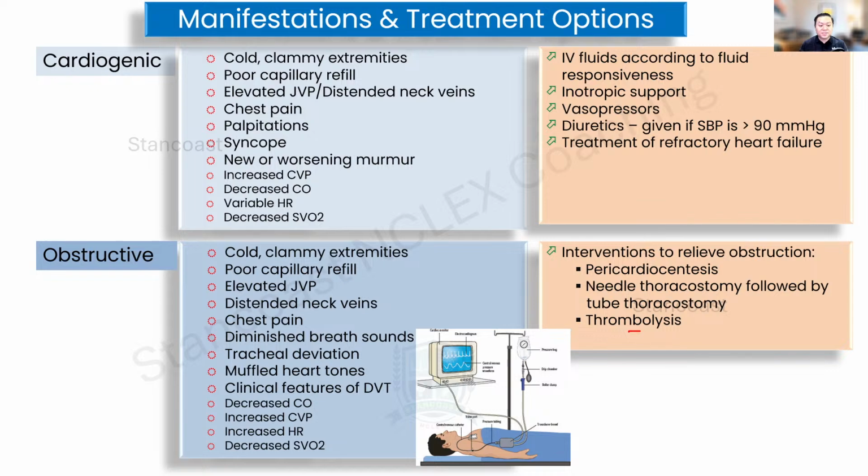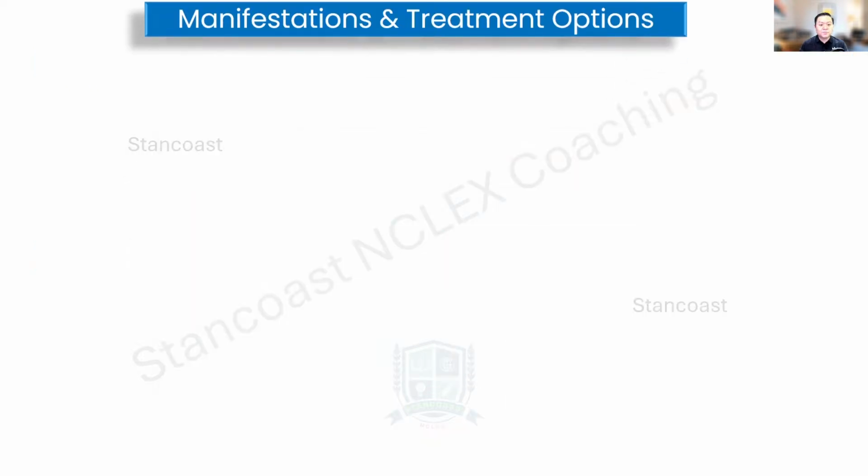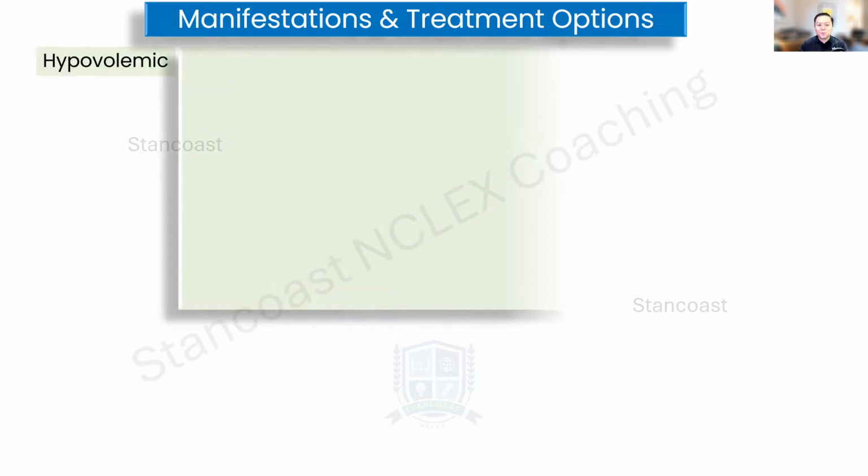What else? We're going to have to treat the other types of shock here. So let's move forward into the hypovolemic shock. And this is very common, guys. I'm sure that you are very good with identifying the manifestations of the hypovolemia, so let's just run through here.